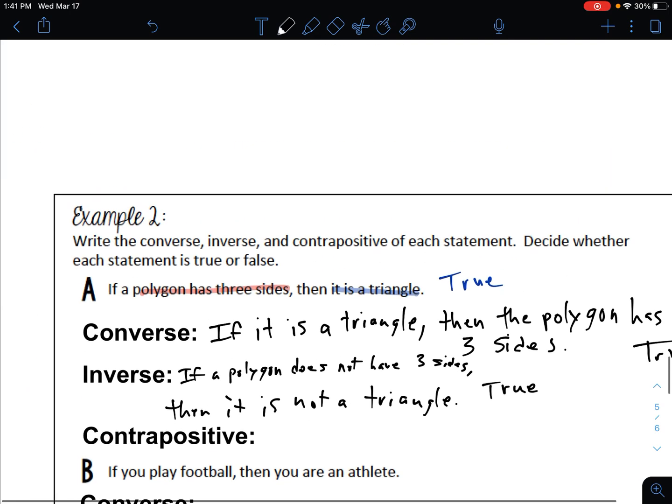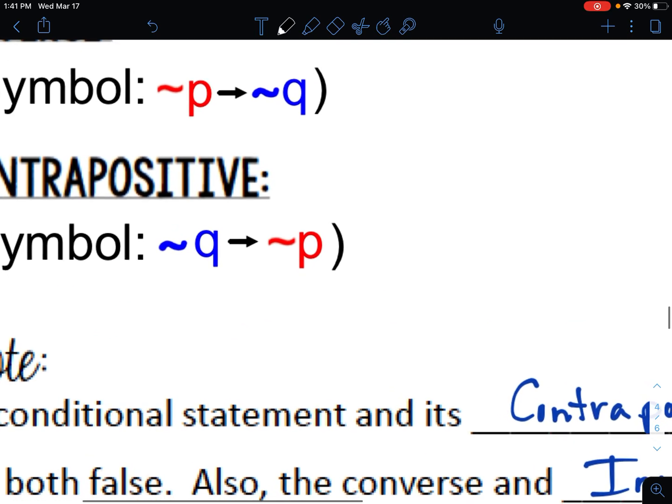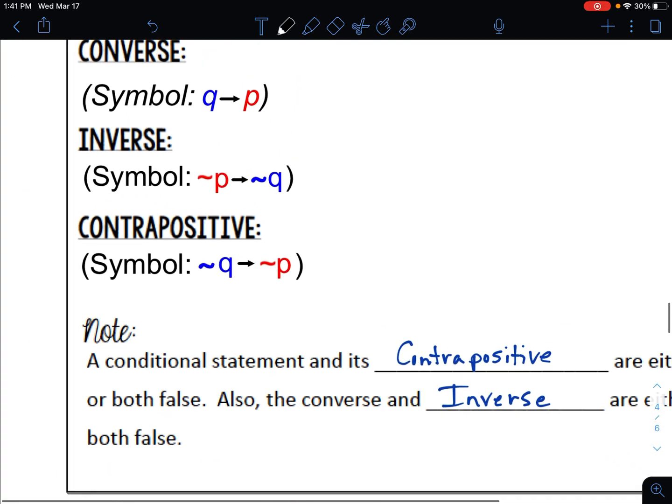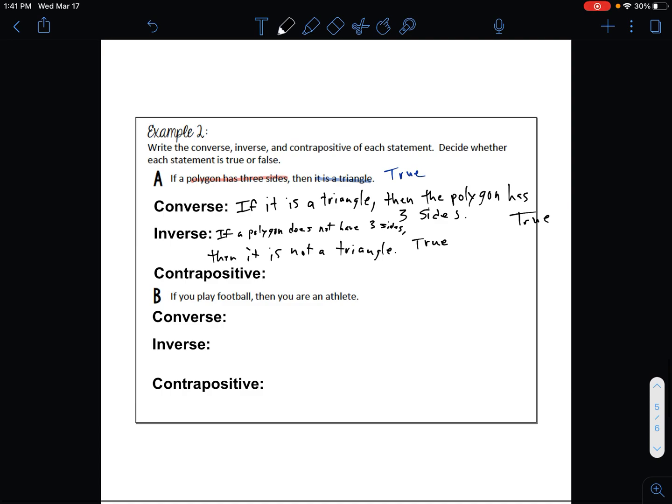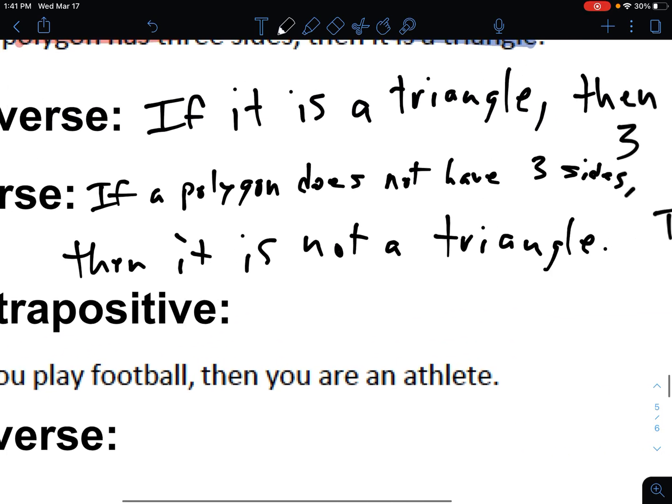And the contrapositive says negate the conclusion and put that first, and then negate the hypothesis and put that second. So it's really rewriting the inverse but flipping them around.